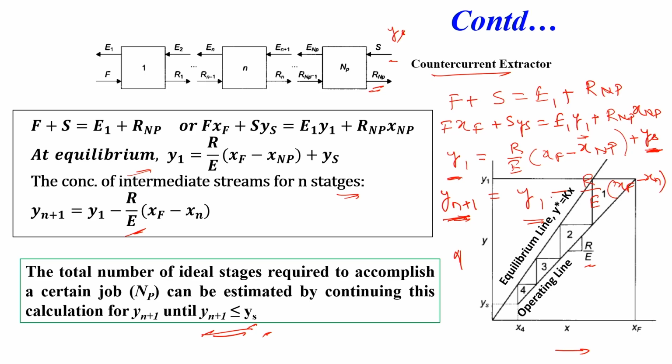So, at stage 1 we reach this value of y, stage 2 we reach this value of y, stage 3, and you have to count the stages till you reach the y value that is less than or equal to the YS. Here you can see 1, 2, 3, 4 stages will be required. In this way we can calculate how many stages will be required for the extraction.